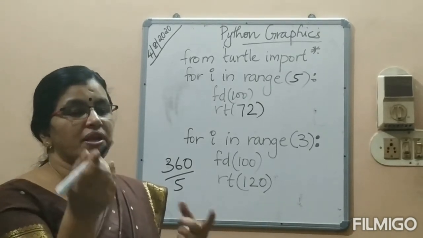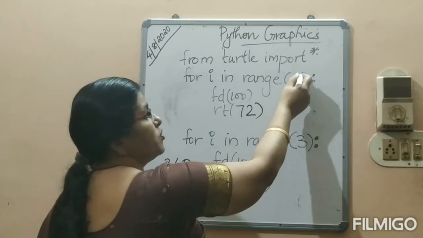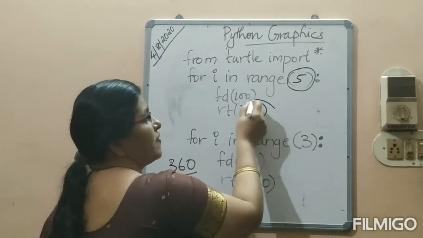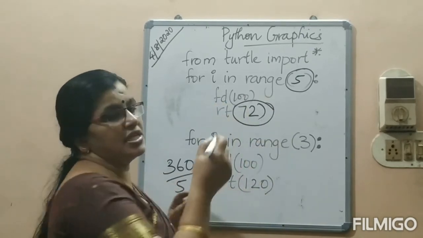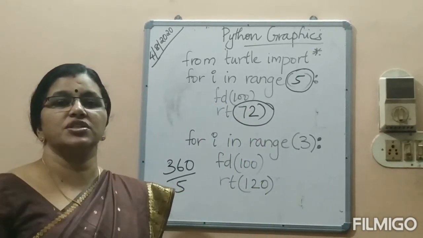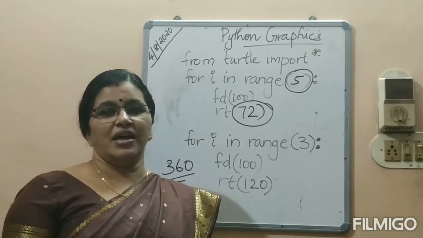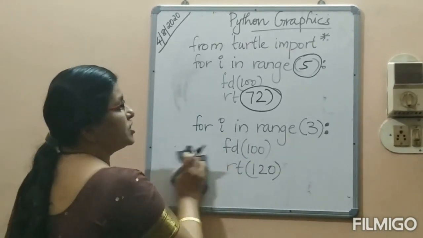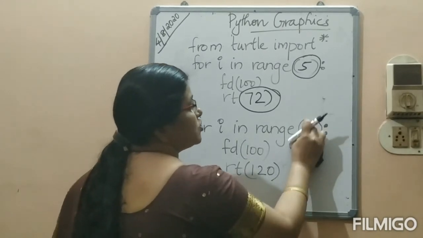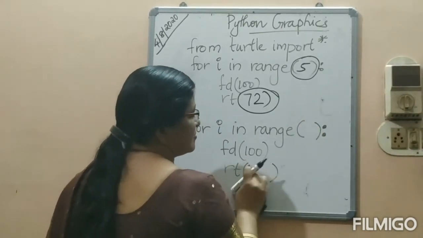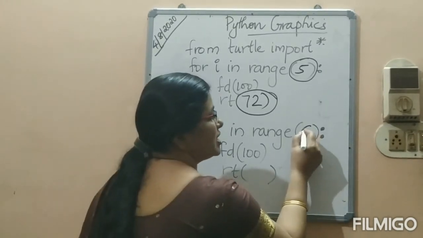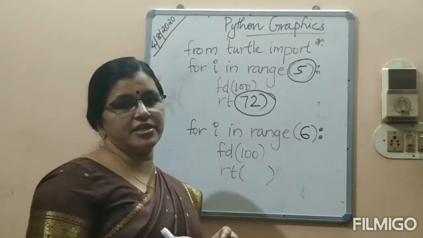When the figure changes, what changes do you have to bring? You have to find the number of sides, then divide 360 by that. That is the change which is going to happen as the sides or the figure changes. Now, if you are drawing a hexagon, how many sides? 6 sides.